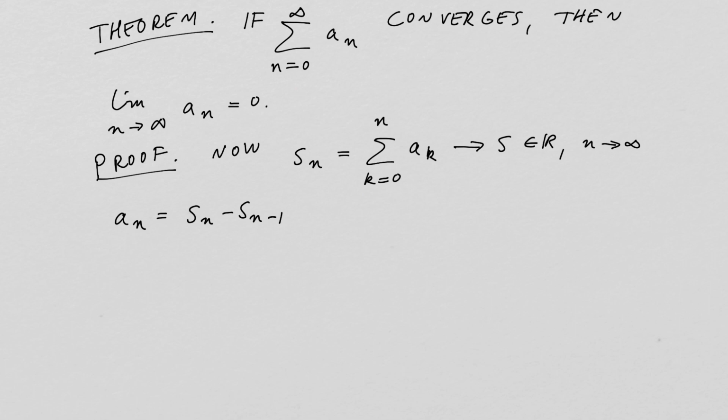We can express the a_n as a difference of two partial sums. Now both of these terms here will converge to s, so that means that a_n will converge to s minus s, which is equal to 0. So our theorem is proved.